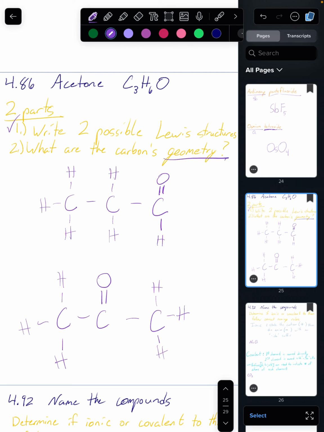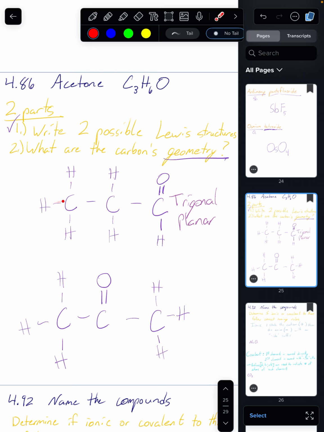So now we want that geometry again. Okay. Well, this one here is only bonded to 1, 2, 3 things. So then we know it's going to be our trigonal planar.